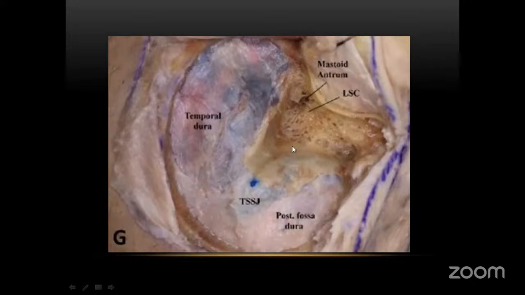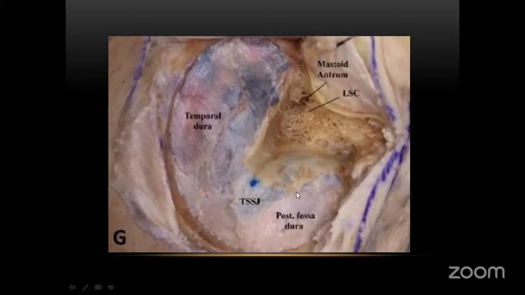These are just three out of four semicircular canals: the lateral one, the anterior one, and the posterior. Lateral is this one, this is superior, and this is posterior, towards the posterior fossa.